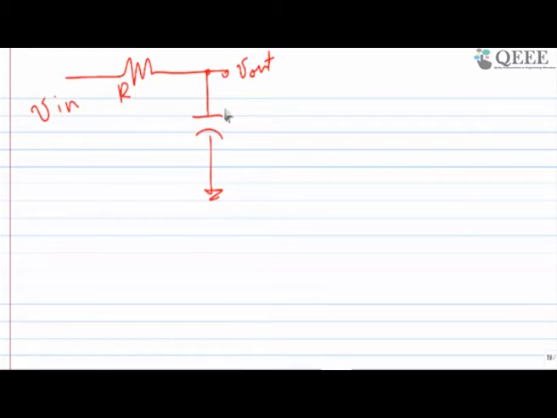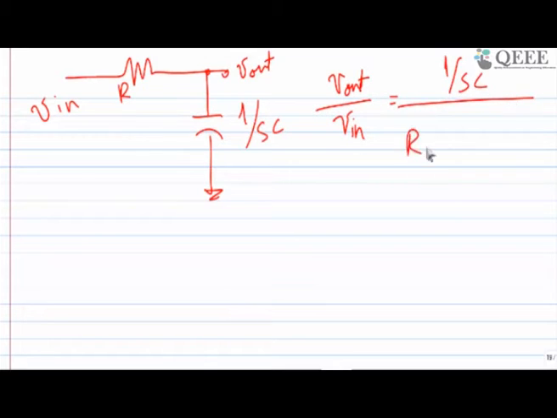this is a passive circuit. So the impedance of this one is 1 by j omega C, or maybe 1 by sC, right? So in this case, when you are taking Vout by Vin, you are going to see (1 by sC) by (R plus 1 by sC), which is equal to 1 by (1 plus sRC), where s is the Laplace operator, s equal to j omega.